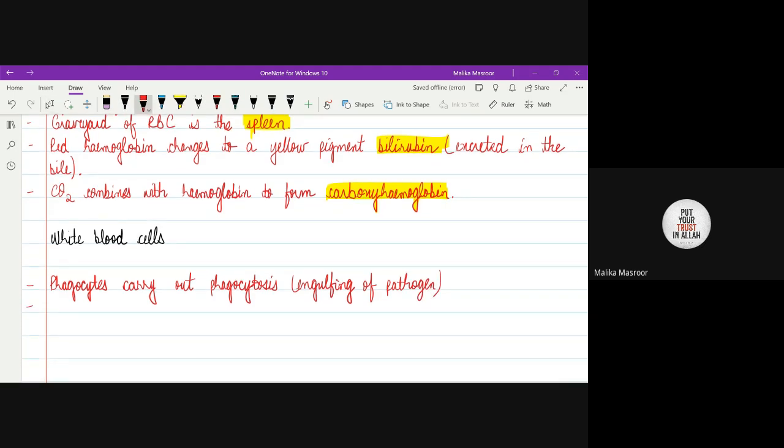Lymphocytes secrete antibodies. We're going to talk about them in detail, inshallah, in the immunity chapter.